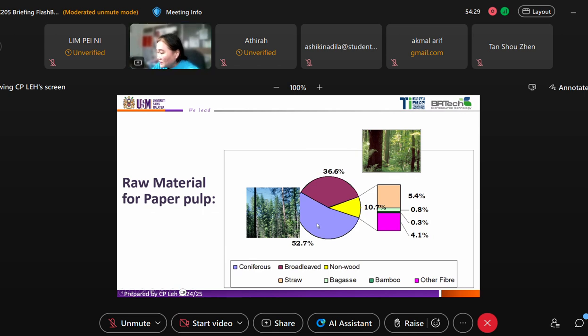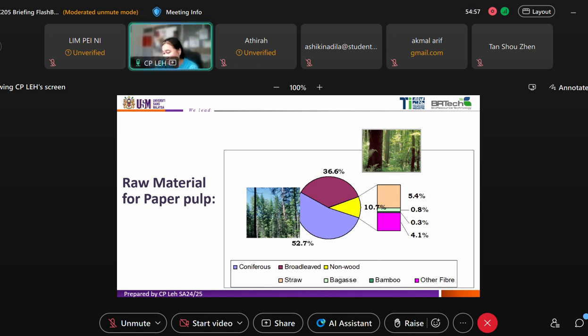Besides softwood and hardwood, now we also focus on non-wood, as shown in this chart. Basically, the non-wood used for paper making actually fluctuates. When I took this information, quite a long time ago, the 10% was contributed by India and China.